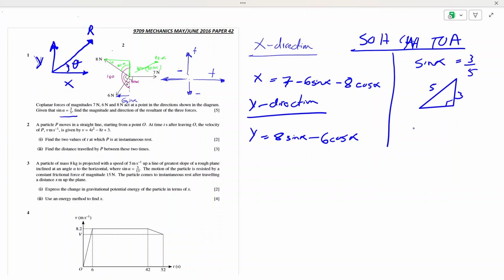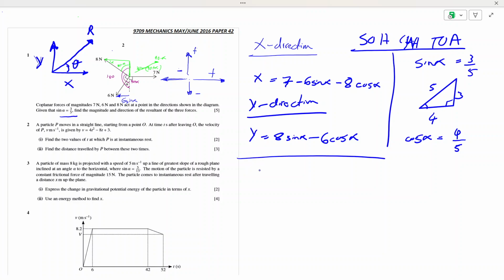If we carry out the Pythagoras theorem, we know that this is 4. But we just know that it's the 3, 4, 5 triangle, right? Therefore, my cos alpha is going to be equal to the adjacent, which is the 4, over the hypotenuse, which is 5. Then I can substitute these values in my equation, right?